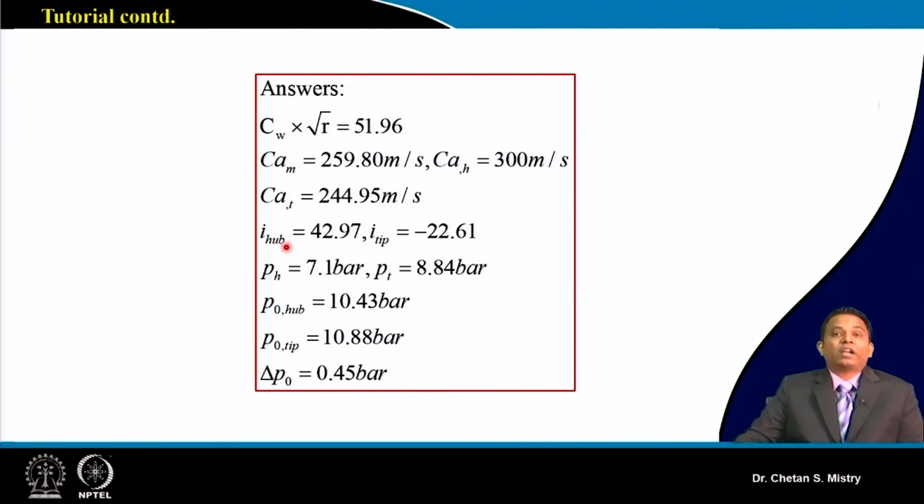Then we have calculated our incidence angle at the hub and our incidence angle at the tip. We have calculated static pressure at the hub as well as at the tip, and finally we have calculated our delta P0. So this is how we need to use what we have learned up till now in our understanding of all the formulas.